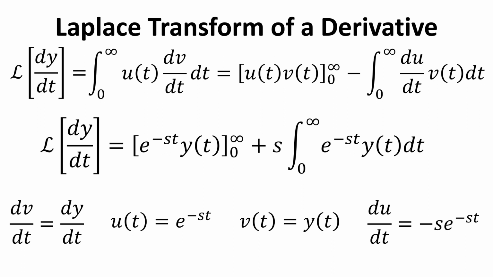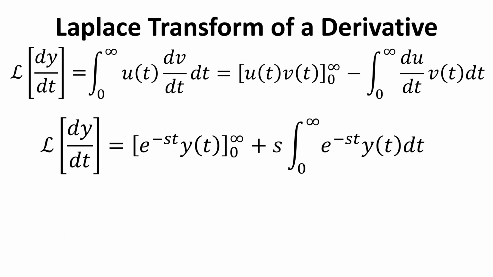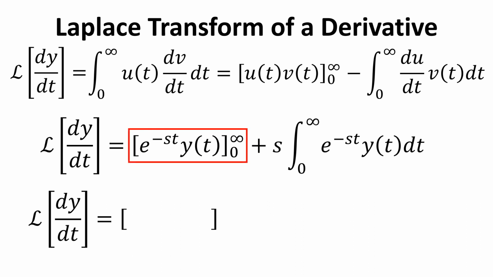So the first thing that I've done in terms of simplifying this is take the s outside of the integral. So previously that was minus s times e to the minus st, but I've taken the s outside because that's not affected by the integral, and because it was a minus minus, we can make it a plus. The next thing that we'll do is evaluate the terms in the square brackets.